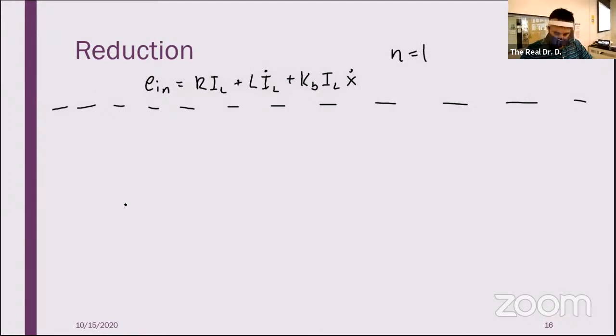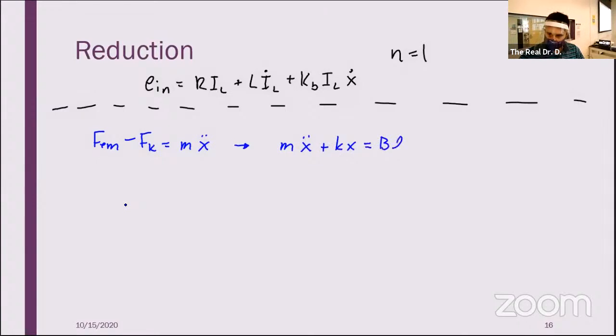For the mechanical system, I'm going to sum my forces. Well, I've got FEM minus FK is equal to mx double dot. What order is the mechanical system?